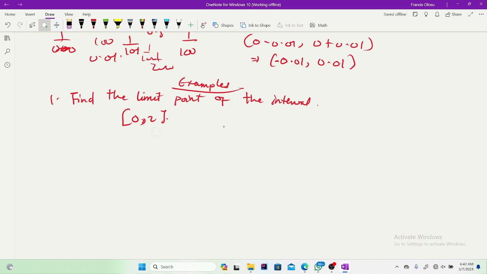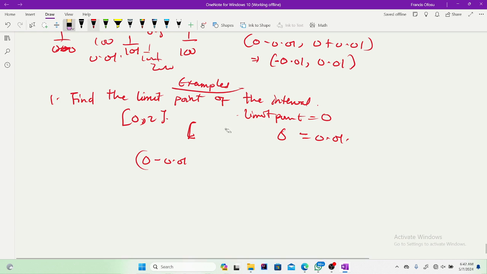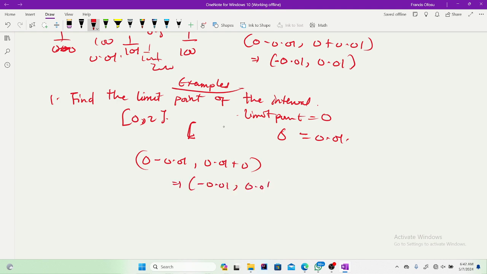You can start with the endpoints, the smallest endpoint. So when I have 0 as my center, if I choose the limit point to be 0, then I will take a reasonable delta, as small as possible. For delta equal to 0.01, I'm going to have 0 minus 0.01, comma, 0.01 plus 0. So this gives me negative 0.01 comma 0.01.